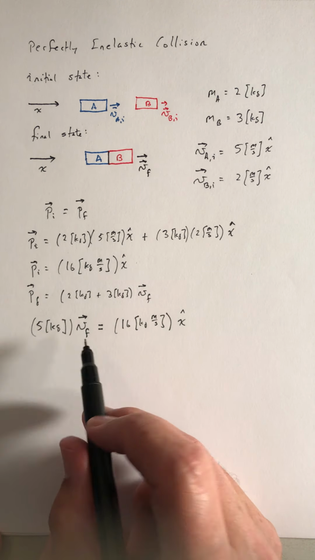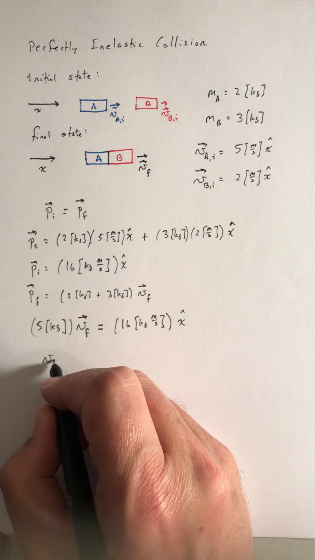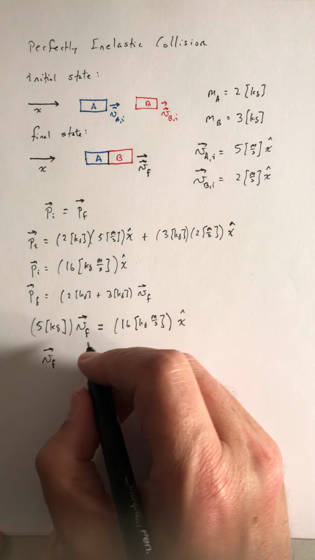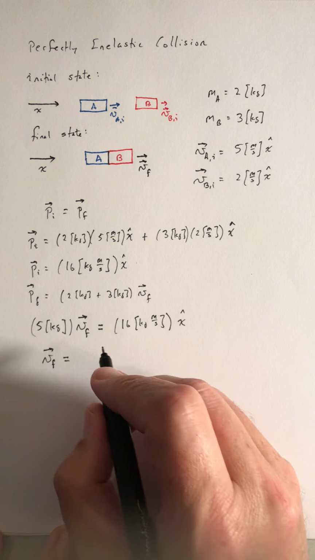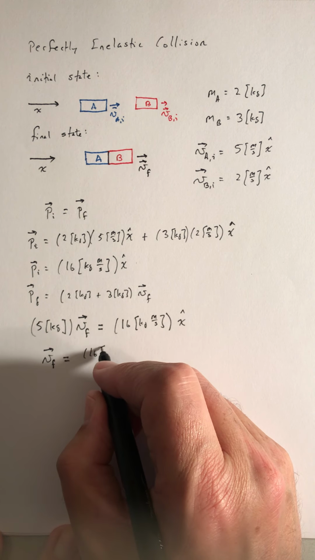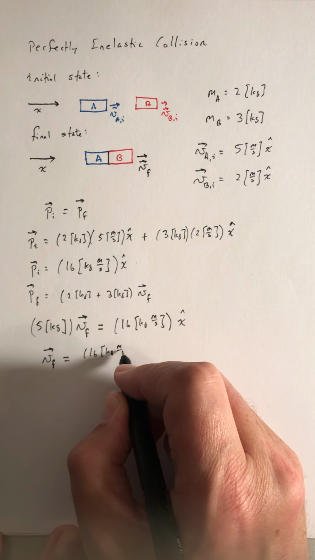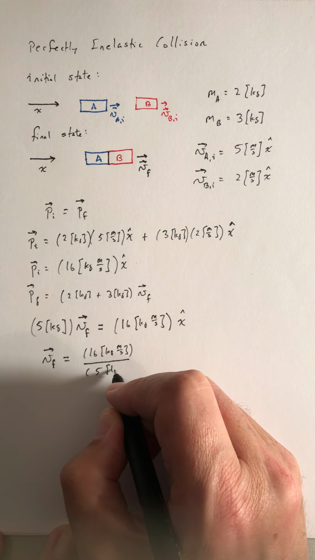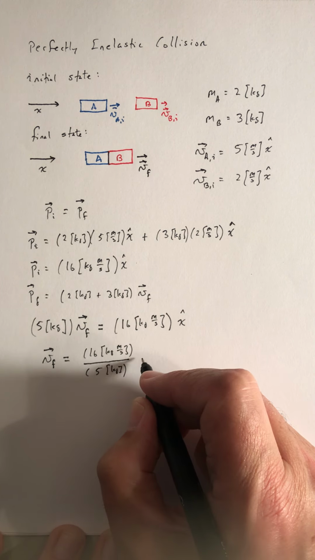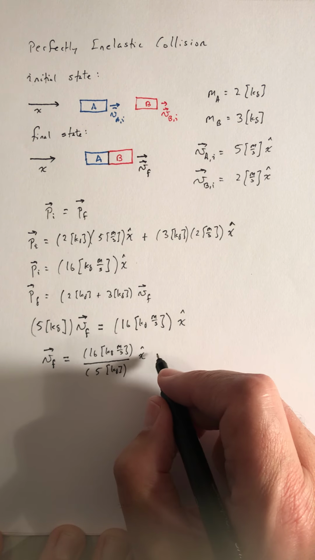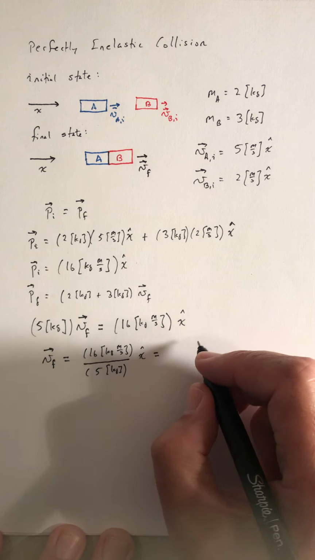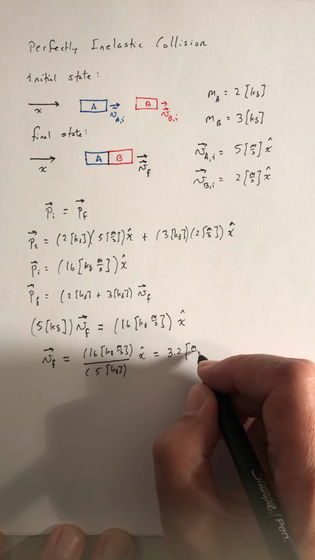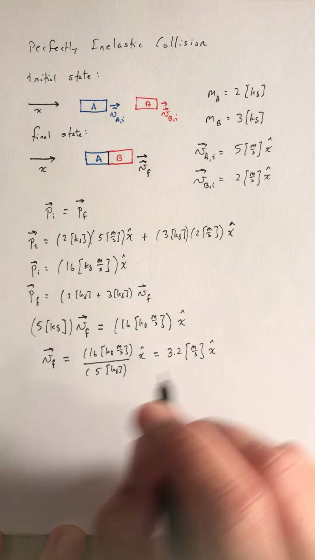And we can solve for what V final is. Just divide both sides by 5 kilograms. So 16 kilogram meters per second over 5 kilograms along the x direction. It's going to give me a velocity of 3.2 meters per second along the x direction.